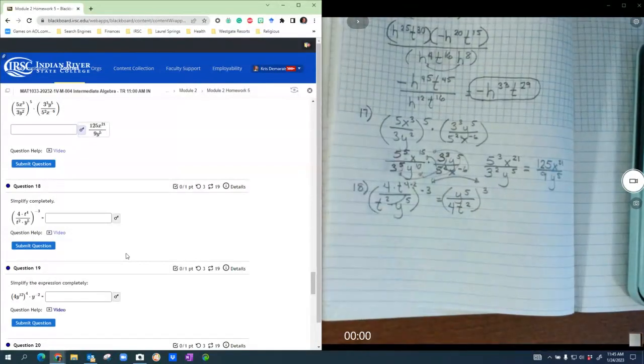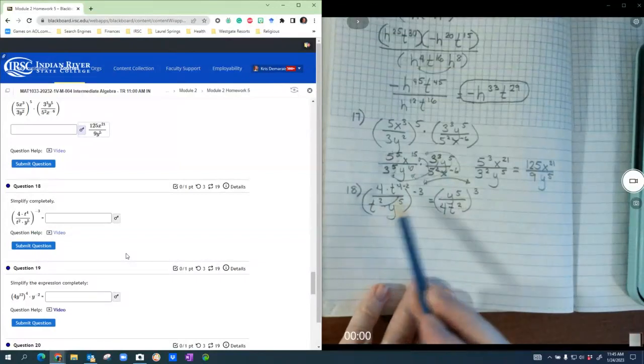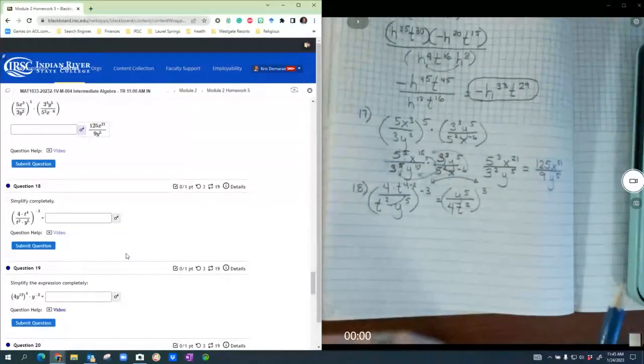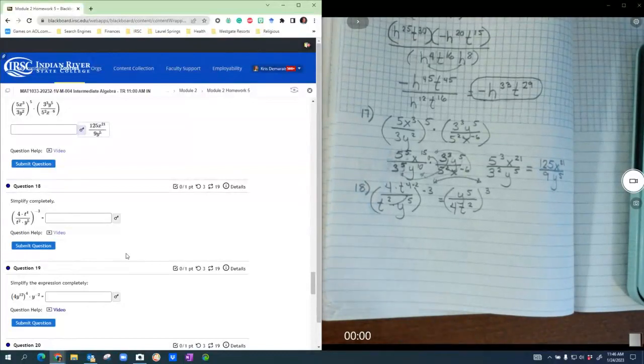I think that's a critical strategy because there are no negative exponential powers here, and if there were negative exponential powers, I would have probably kept it as a negative because I would have distributed the negative, and negative times a negative is positive.